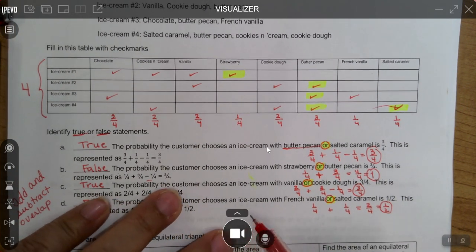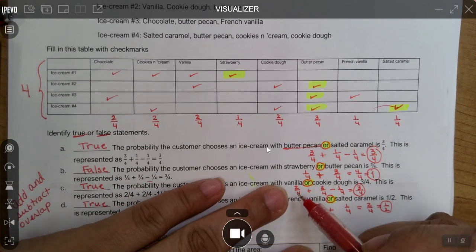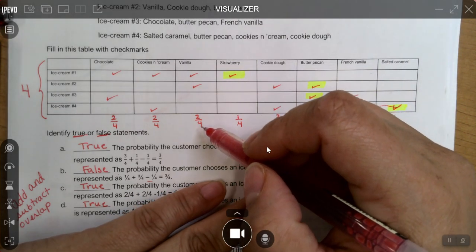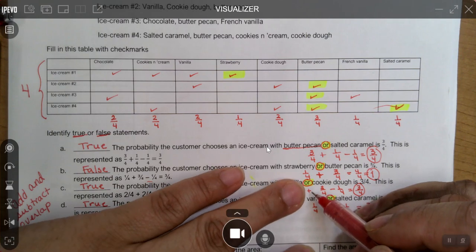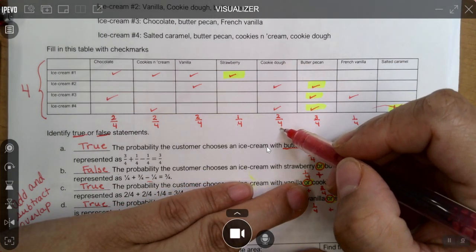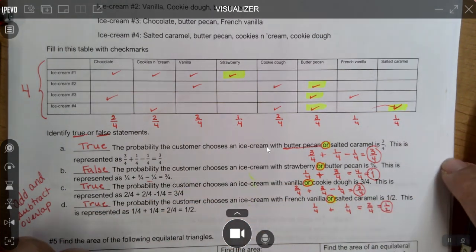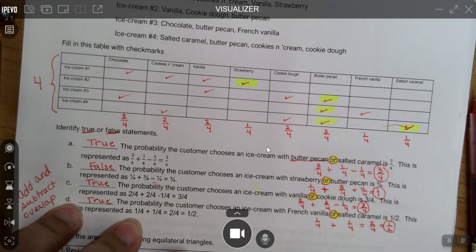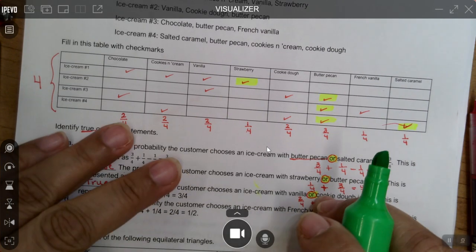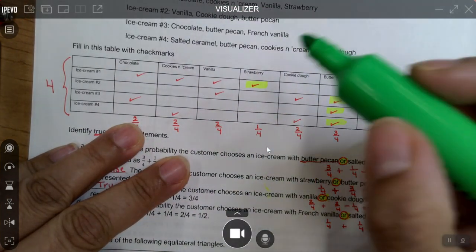All right, probability the customer chooses an ice cream with vanilla, which is right here, 2/4, or cookie dough, 2/4. Now, is there any overlap between vanilla and cookie dough?